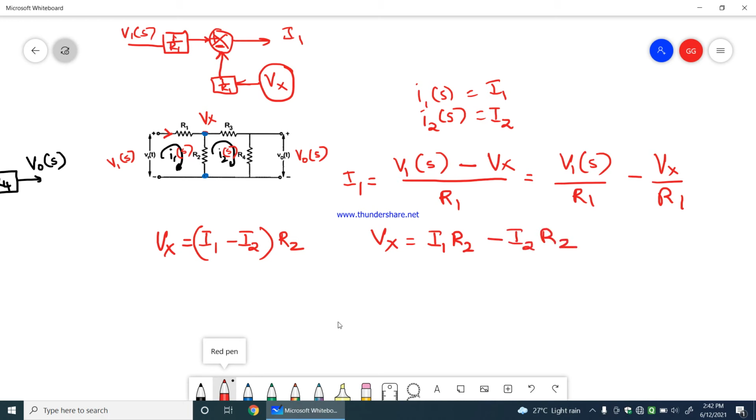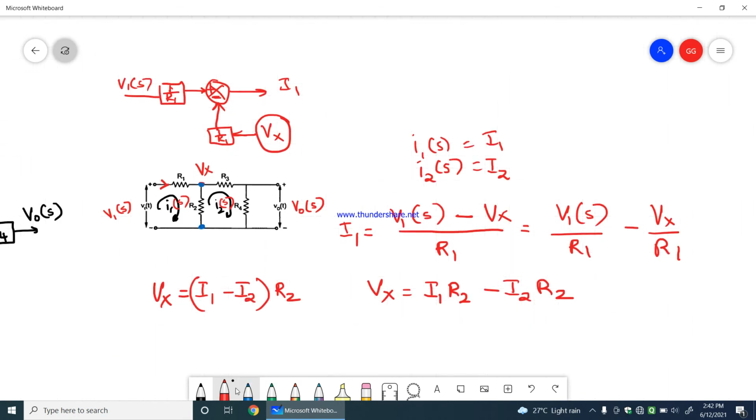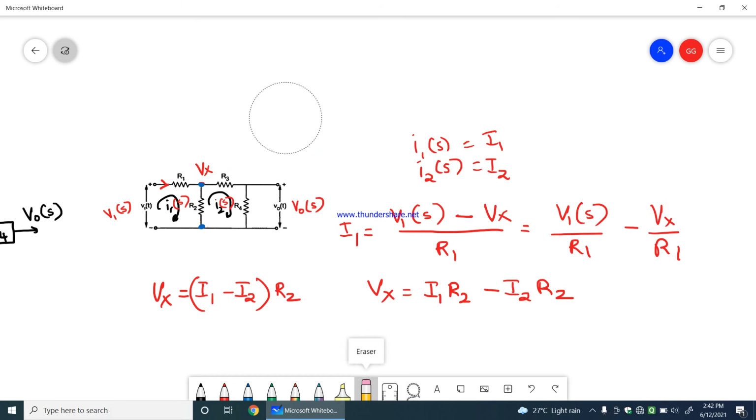So I keep on writing the block also, I think you will understand much better. Here I have V1 of s given to 1 over R1, given to a summing point where this is plus, this is minus, because it is V1 of s by R1 minus Vx by R1.